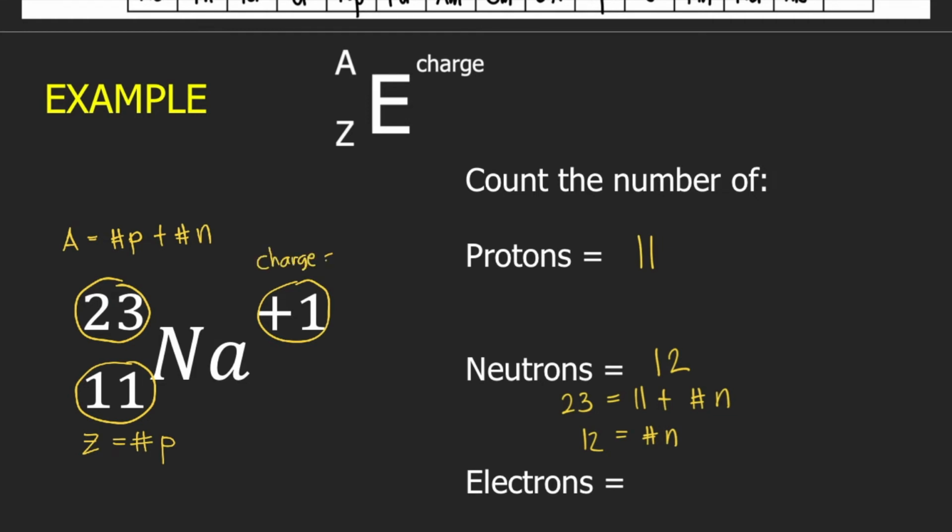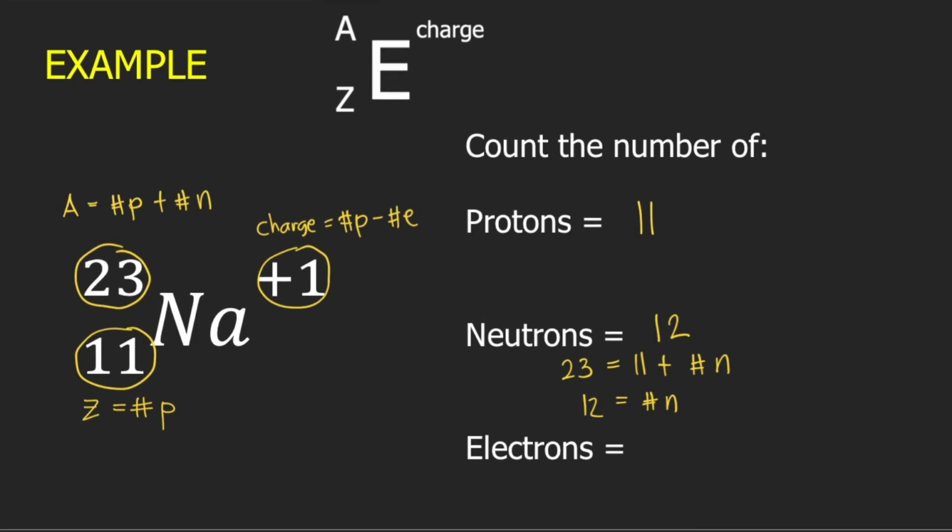And lastly, for the electrons, we know that positive 1 is the charge. And charge is equal to the number of protons minus the number of electrons. So if the charge is positive 1 and there are 11 protons minus the number of electrons, then there are how many electrons?